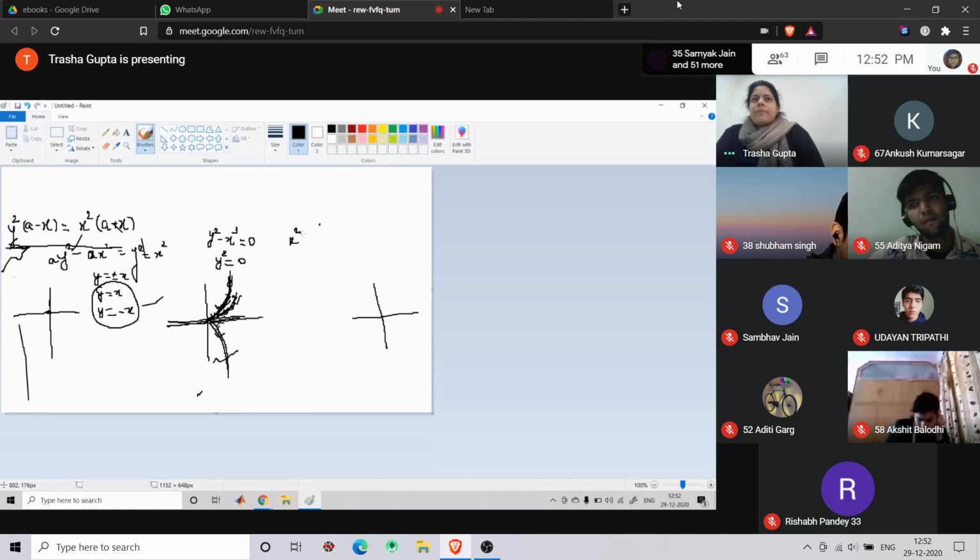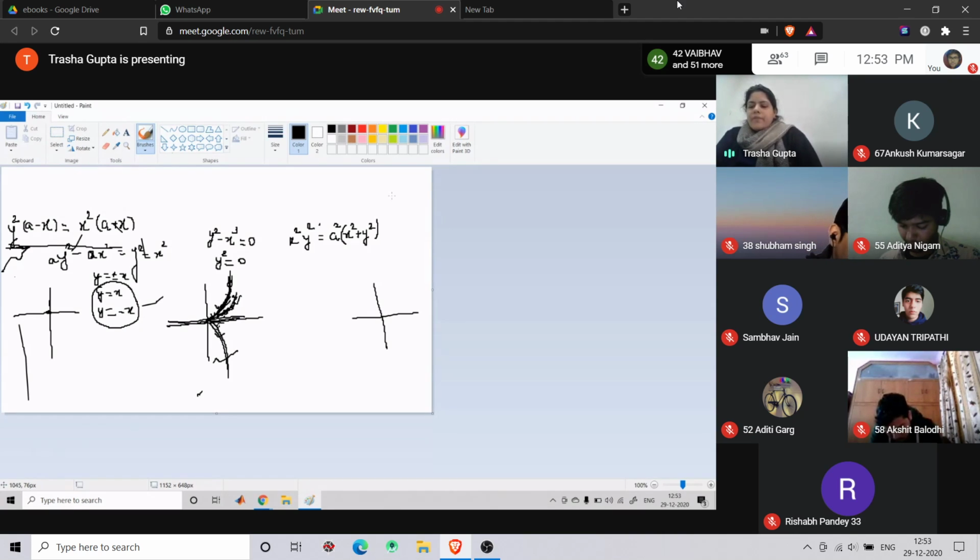Now let us have another curve: x square y square is equal to a square x square plus y square. Does this curve pass through the origin?